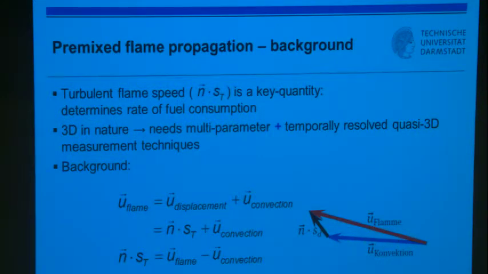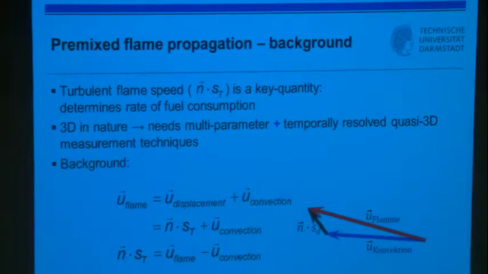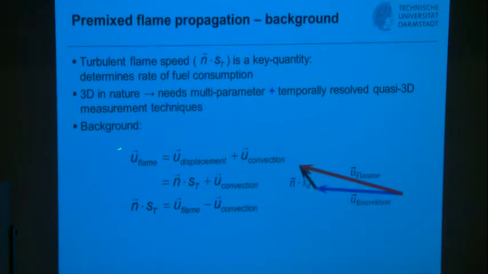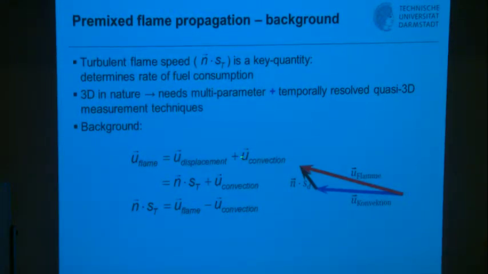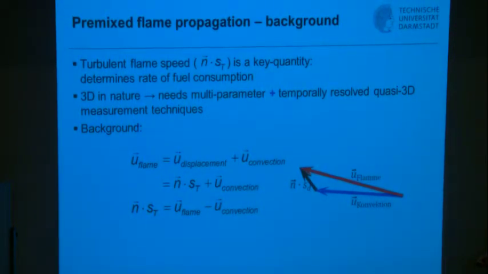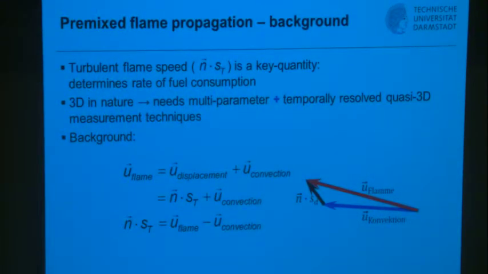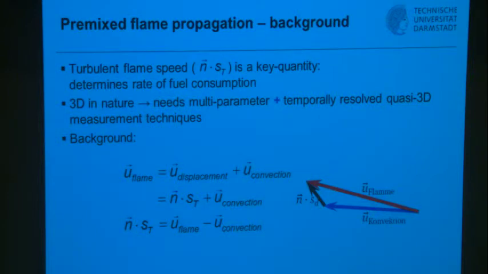And of course, the convection goes in one direction, which is completely uncorrelated to the orientation of that surface. So if you measure the overall flame propagation speed, and simultaneously the convection speed and the orientation of the flame surface, then you have a chance to estimate that turbulent flame speed or displacement speed.